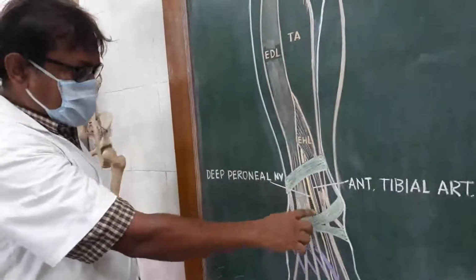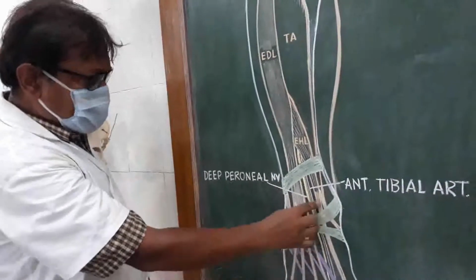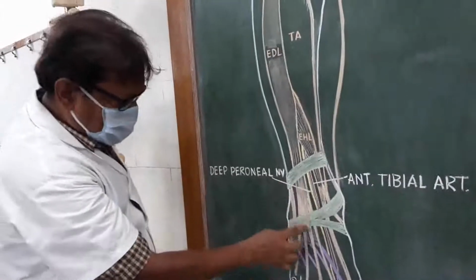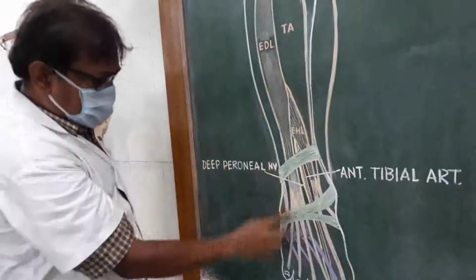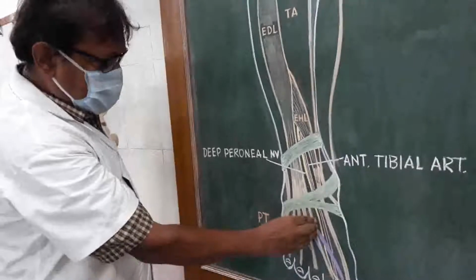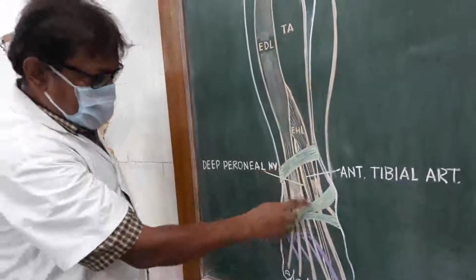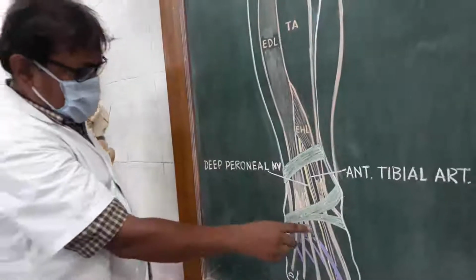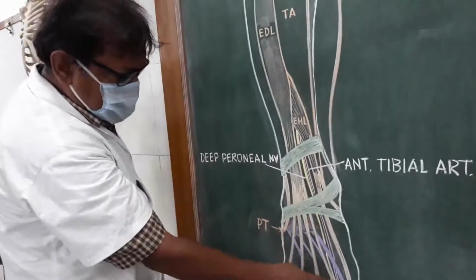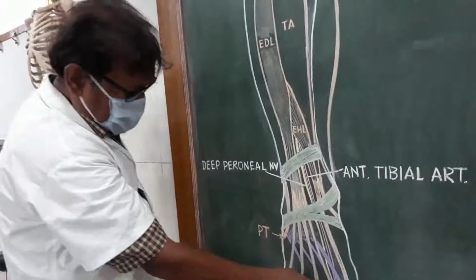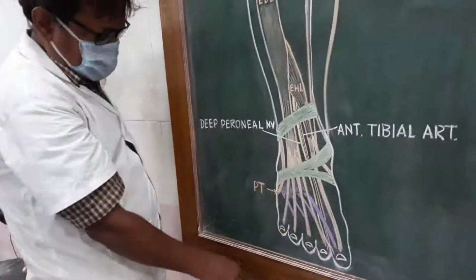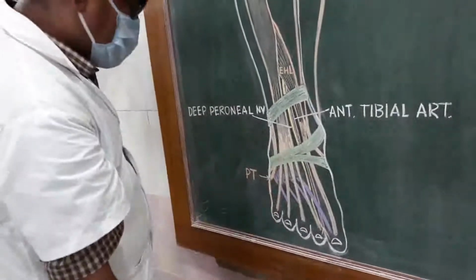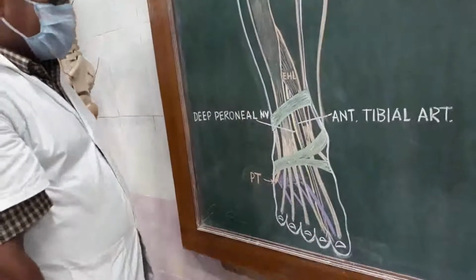Below, the nerve descends in between the tendon of the extensor hallucis longus and the first tendon of the extensor digitorum longus and lies lateral to the dorsalis pedis artery, and this nerve reaches the gap between the two heads of the first dorsal interosseous and divides into medial and lateral terminal branches.